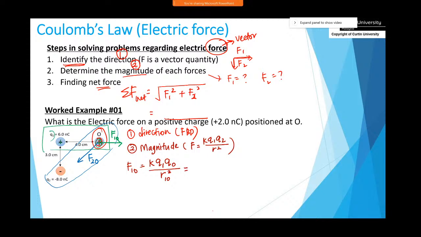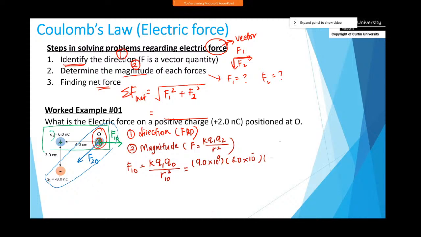Write down the values. Q1 is 6 nanocoulomb, so nano is times 10 to the power of negative 9.